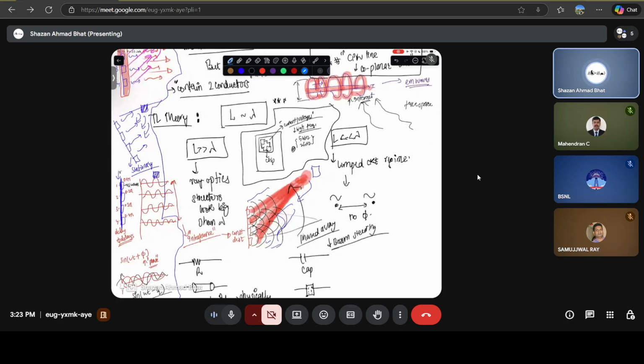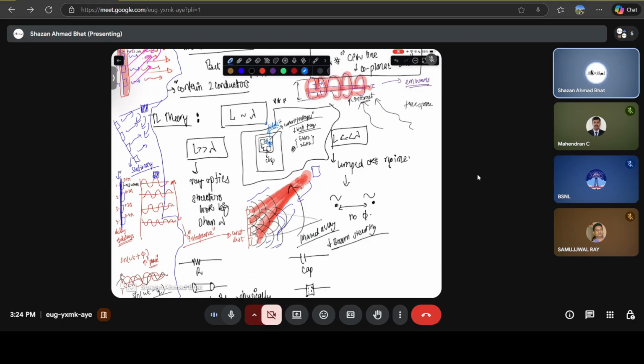Now, every time they are carrying currents, there's a field associated with those currents in that particular system. So that's why every time you are using any electronic device, whether it's your laptop, your mobile phone, or any electronic gadget, there are always these fields associated with that particular system.